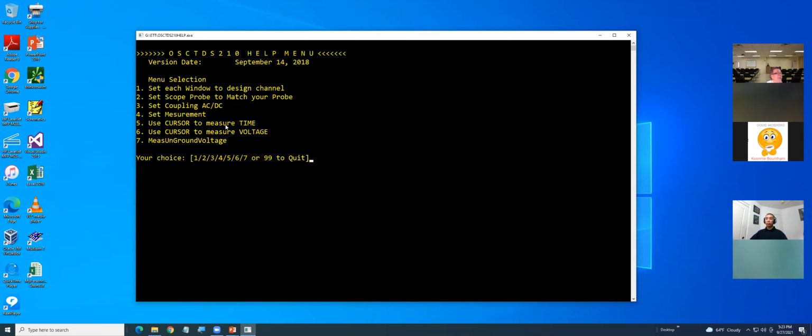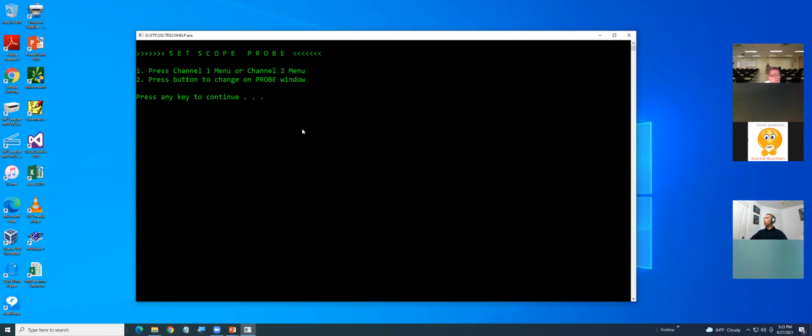Now, if you want to set a scope probe to match your probe, then you press number 2. They say press channel 1 menu or channel 2 menu.